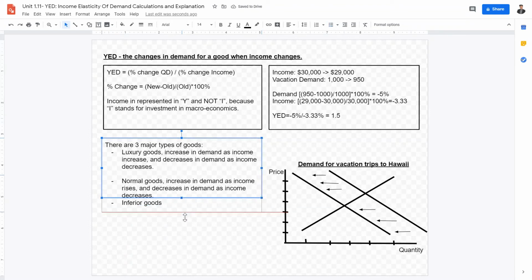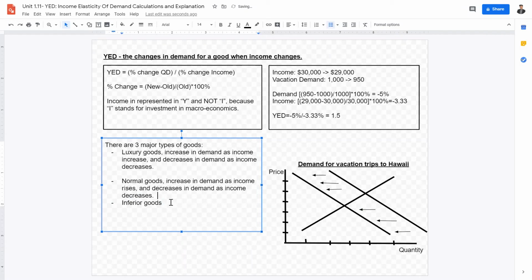Okay. However, for inferior goods, there is an inverse relationship between income and demand. There is a decrease in demand as income rises, and an increase in demand as income decreases.